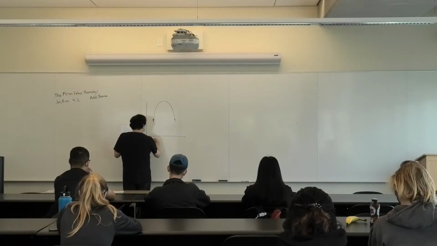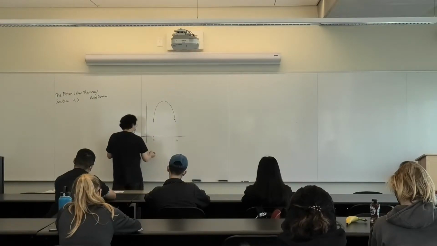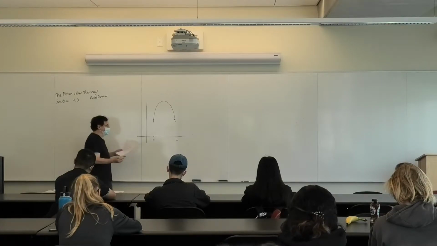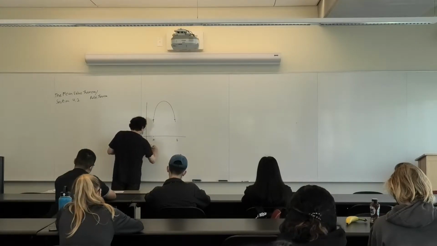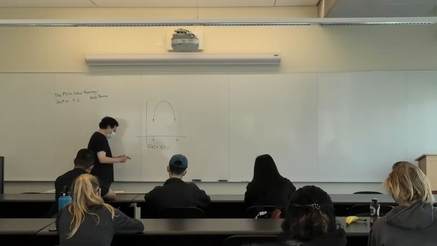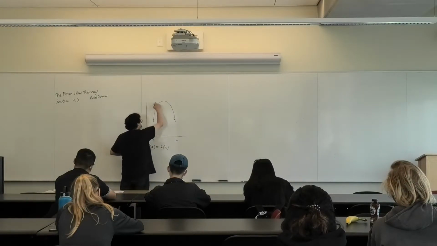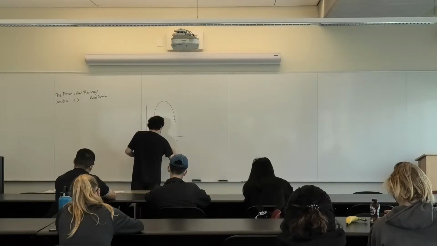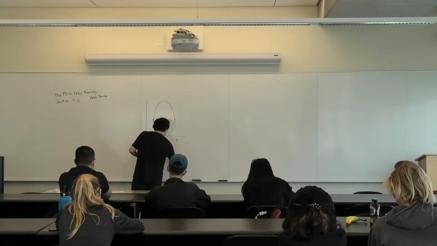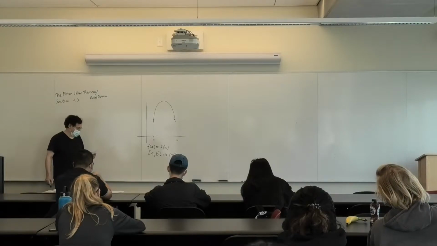And it has 2 points, A and B. And as part of our assumption, f of A equals f of B. We have to know that. We also need to know that this interval here, AB, is continuous. Doesn't work necessarily if that's not the case.